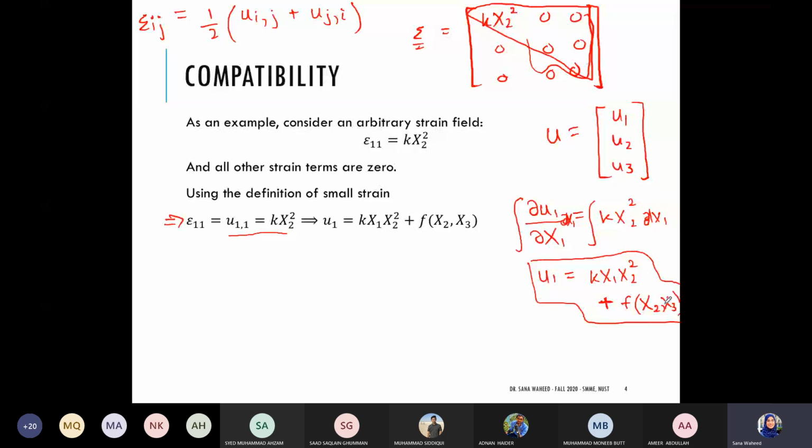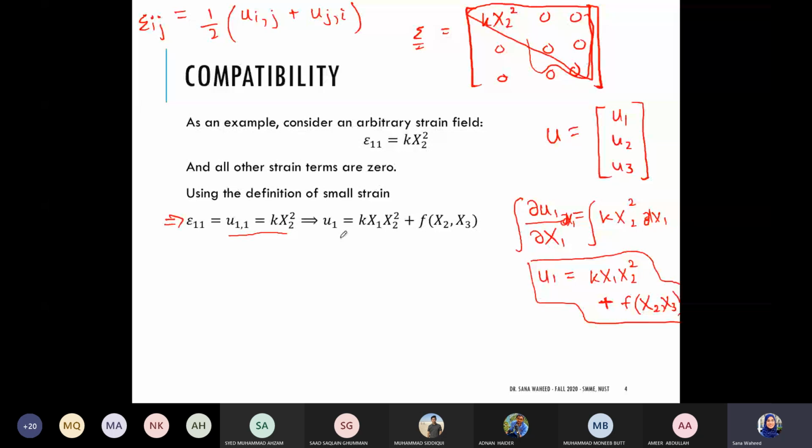Is this part clear to everybody? If anything is unclear, please just say the word. Okay, great, so it is clear to everyone. So basically I found what my u1 is.